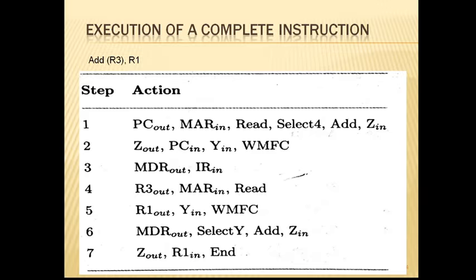In step 5, R1 out, Y in, and R1 is stored into register Y. In step 6 we perform the addition operation: MDR out is nothing but the contents of R3, and select Y is nothing but R1 because R1 was copied to Y. Then perform the addition and store the result in Z in. MDR out is one input, select Y is another input, perform the addition, store the result in Z in.